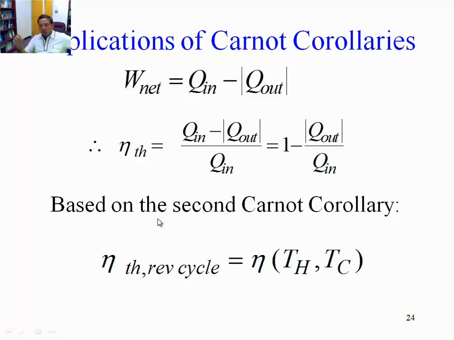Now let's use the second corollary, which says that two reversible cycles operating within the same two thermal reservoirs will yield the same efficiency. Which means that if the cycles are reversible, the efficiency has to be only a function of TH and TC. They're only a function of the temperatures of the hot and the cold temperature reservoir.